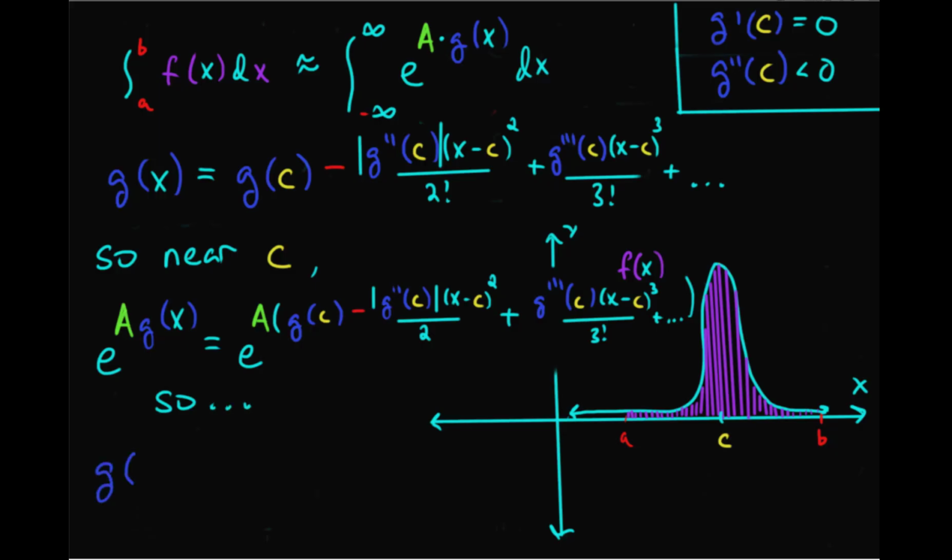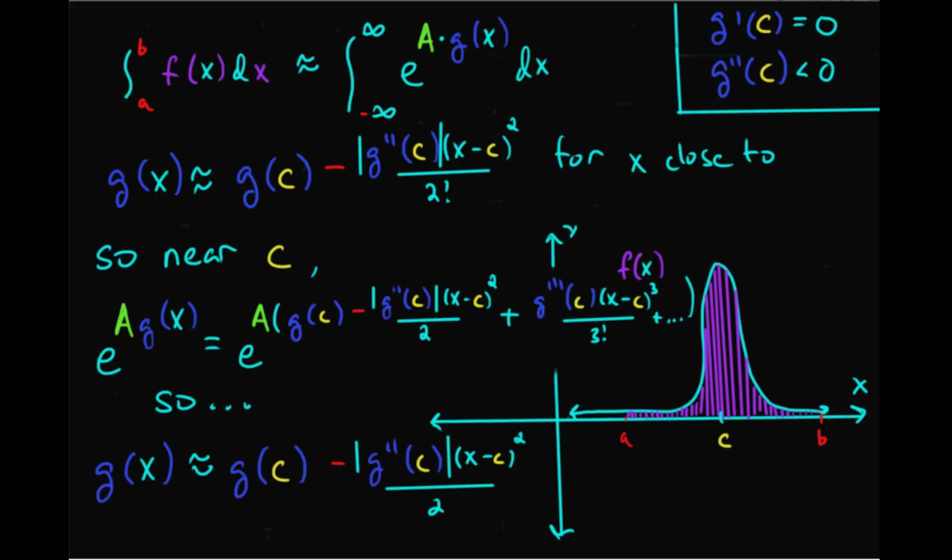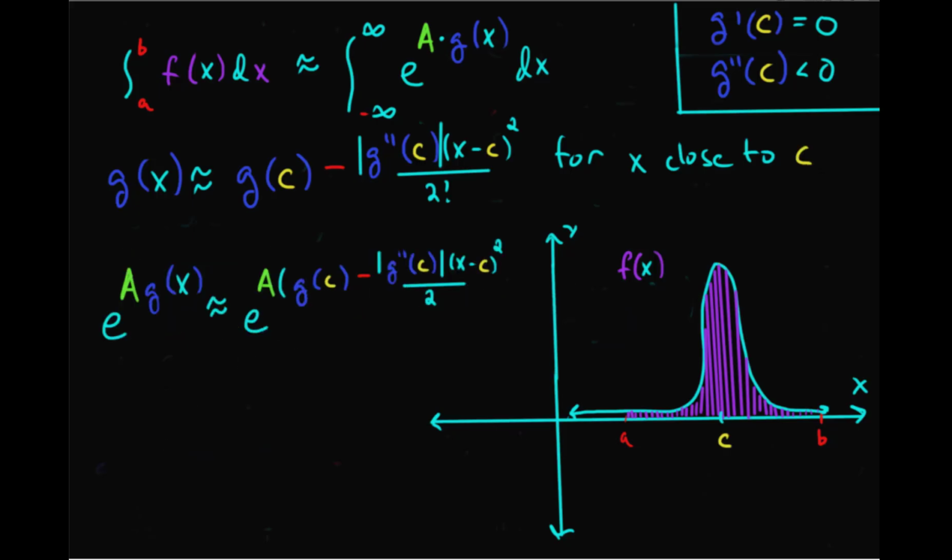So those higher order terms can actually be neglected in the Taylor series approximation because they contribute so little to the ultimate result, and we have that for x near c, g of x is approximately equal to g of c minus the absolute value of g double prime of c times the quantity x minus c squared over 2. That means that e to the a times g of x is approximately equal to e to the a times the truncated Taylor series for g of x, which is g of c minus the absolute value of g double prime of c times x minus c quantity squared over 2.